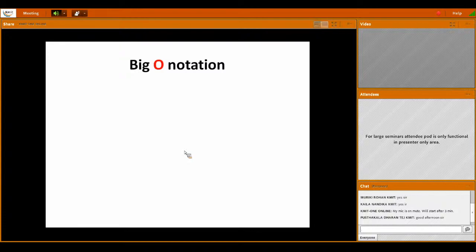That space and time complexity we have already seen. Now, very specific, big O notation.